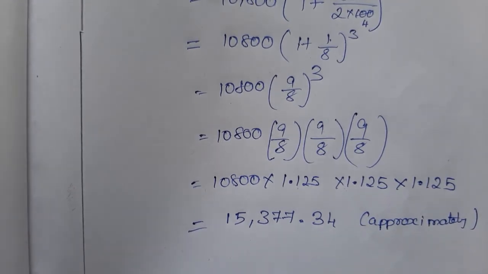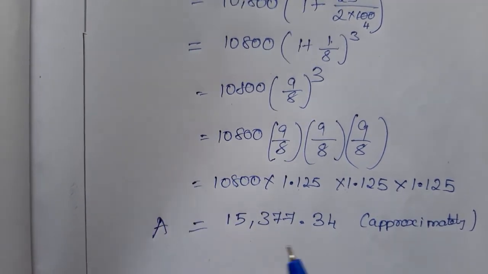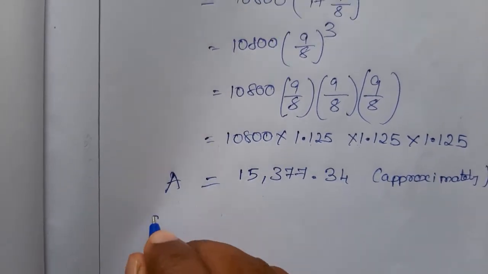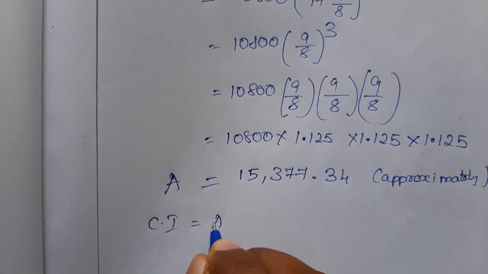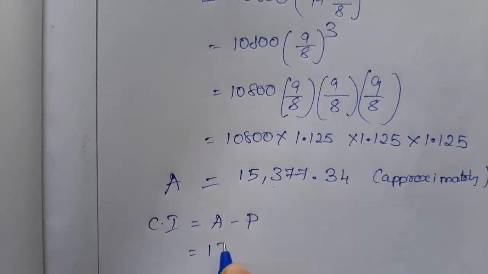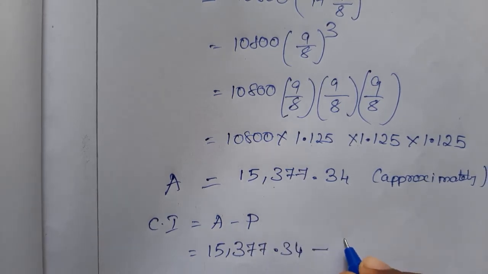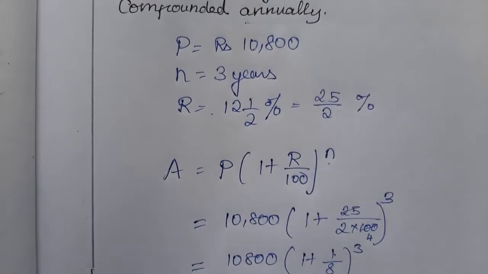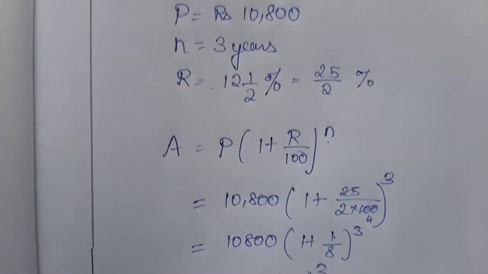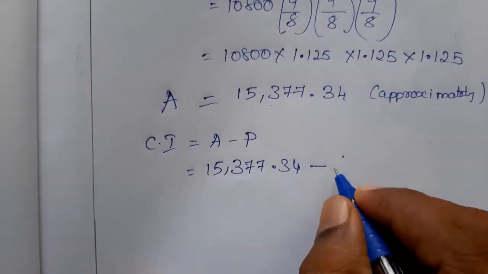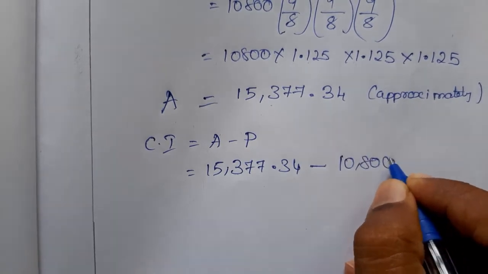Clear? So this is the amount. Now we have to find the compound interest. To find the compound interest, we know the formula is amount minus principal. The amount is 15,377.34 minus the principal, which we know is 10,800.